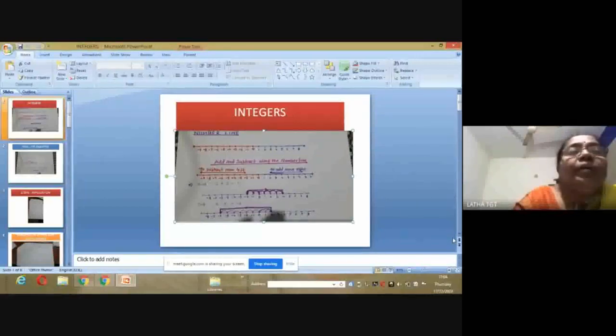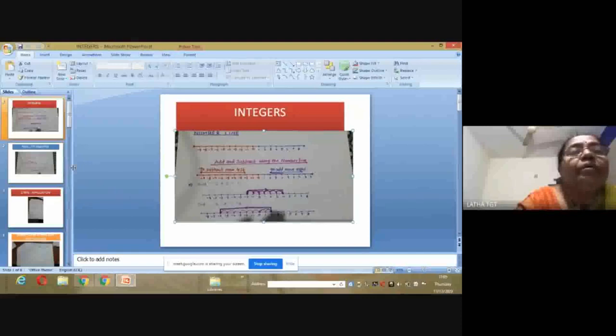So I have taken my example, sir. Here it is -2 plus 6. That is example one, addition. -2 is the first integer, so from 0, that is the starting point, we move towards negative. So we go to -2, and then we are adding 6 to -2.